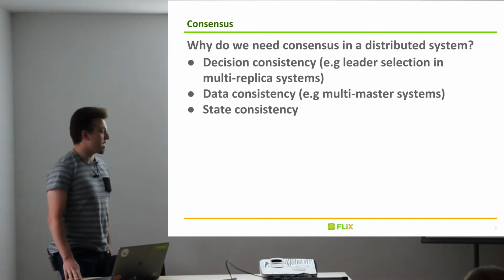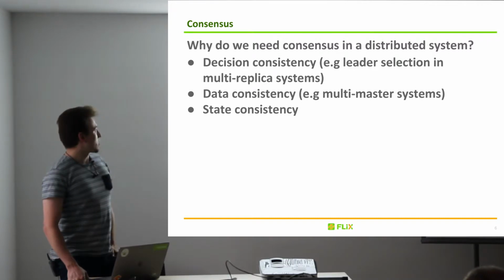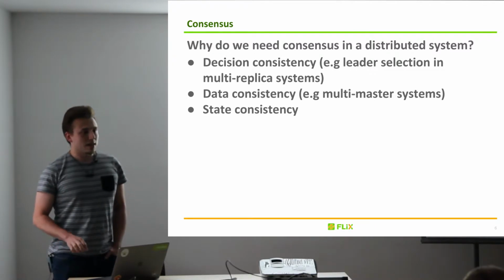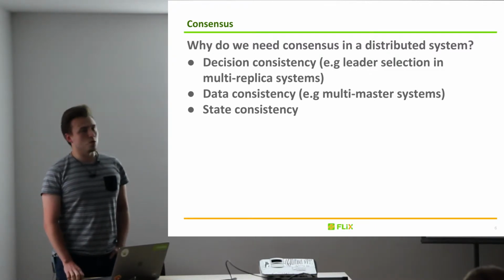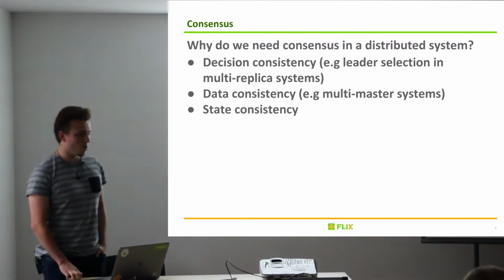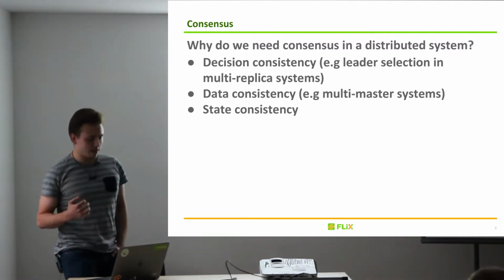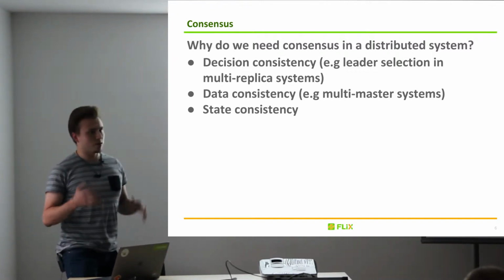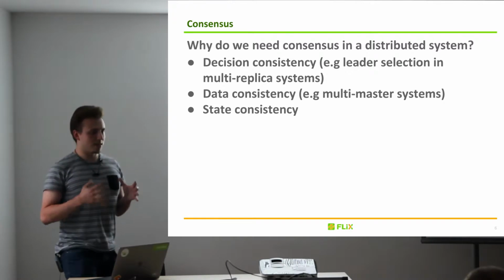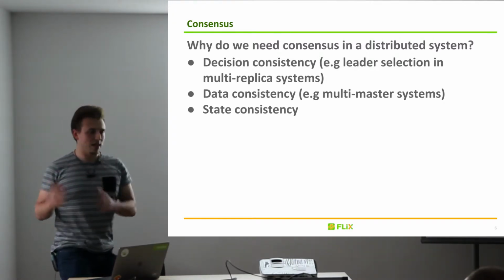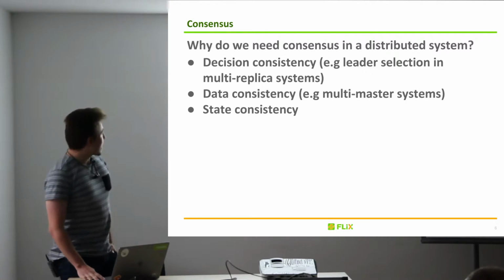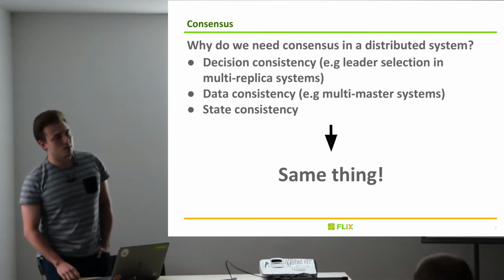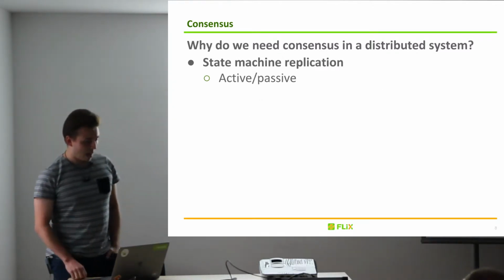Then in the end, there's state consistency. You might experience Zookeeper or once again etcd, where the consensus algorithm tries to solve a problem of consistency with data. So it's not about data propagation consistency. It's about making sure that the data is in the same state everywhere. In the end, it's more or less the same thing, or let's say it could be generalized to the same thing.